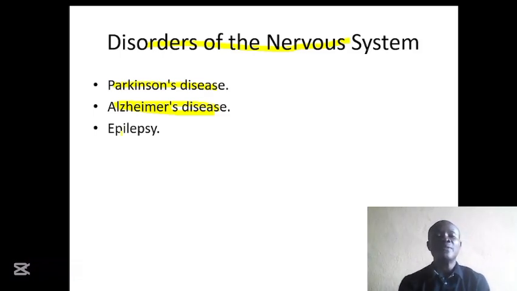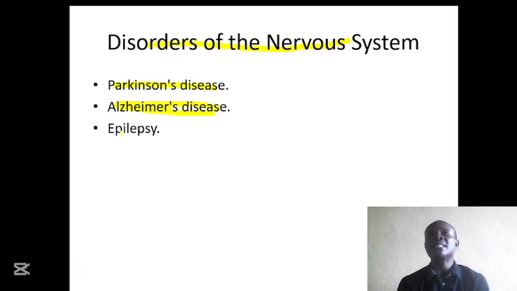And we have another one which is not found on this slide that is very common, that is stroke. Stroke is caused when a blood vessel that is transporting blood to the brain is blocked or has a tear in it. So what will happen? That part of the brain will lack nutrients, will lack oxygen, and that part of the brain will not function.